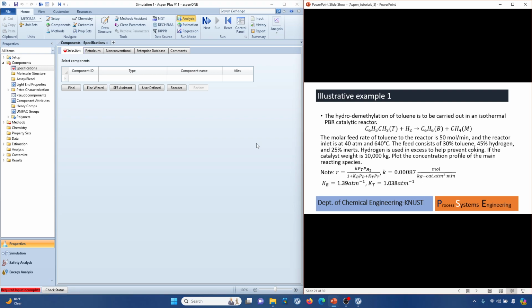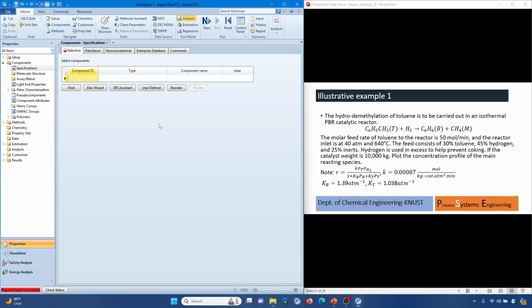The problem looks at hydrodemethylation of toluene in a packed bed reactor, and these are the conditions for the feed. So we would quickly go into Aspen and start with our component specification.